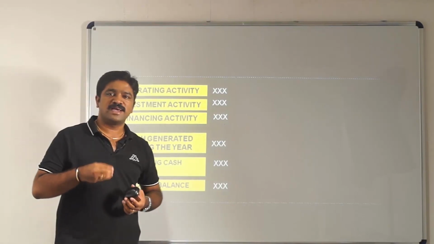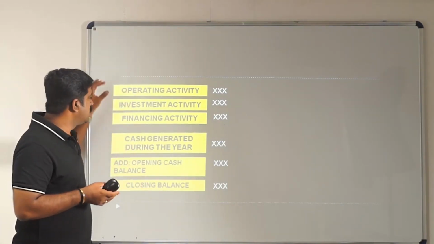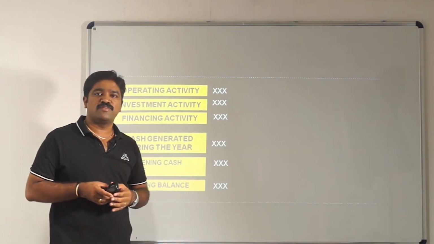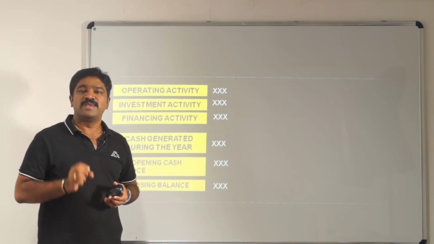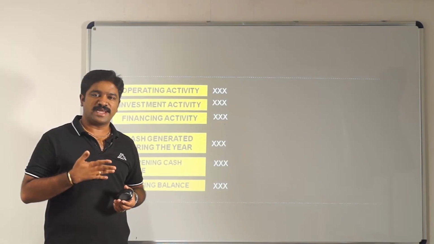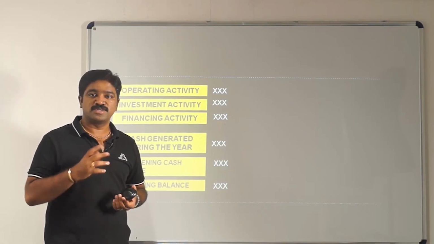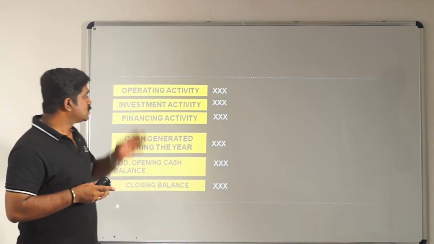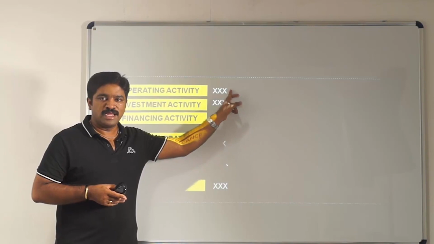So this is basically a kind of reconciliation statement, but the very critical information is we get to know the cash generated from operating activity, whether it is positive or negative. If it is positive, we can be happy about it, but if it is negative, then it's a time to ponder what is the point in running the business if it is not generating positive cash. So we'll get to know whether it is actually generating positive or negative.